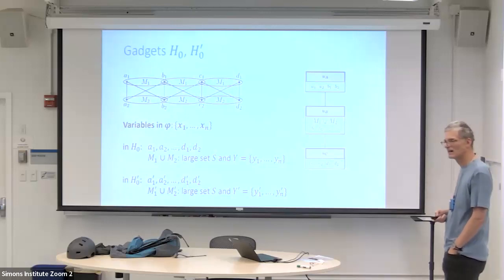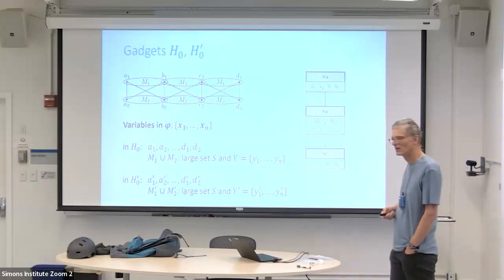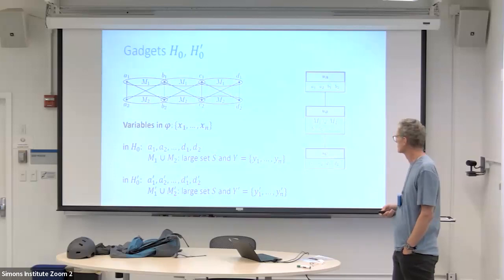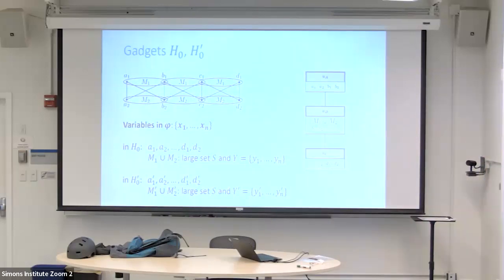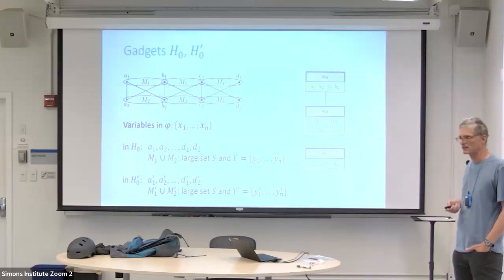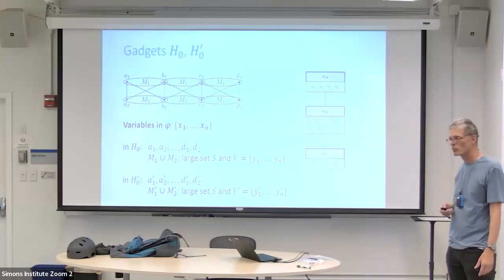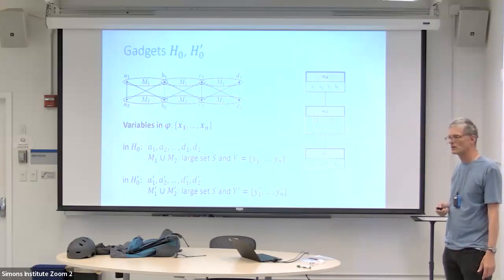Can I just ask, these sets M1 and M2 have to be large, but does their size depend on the input phi, or is it polynomially bounded? Polynomially bounded in the size of the instance of 3SAT, but it's big. So your reduction requires hypergraphs of unbounded arity. Yeah, absolutely.